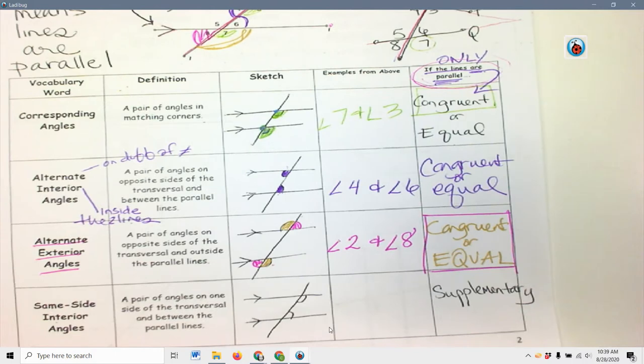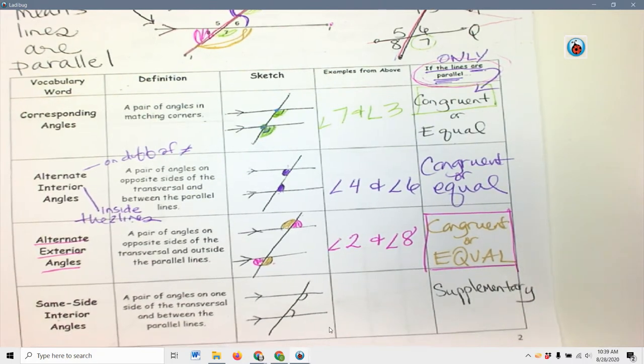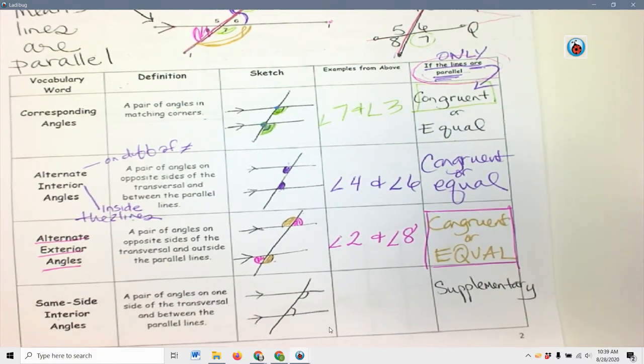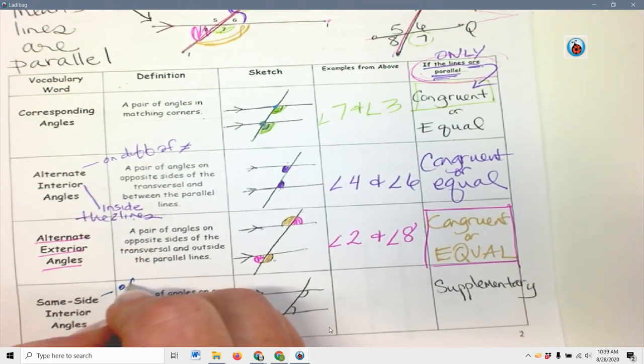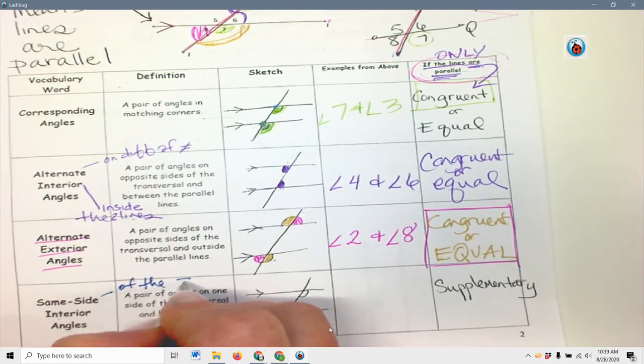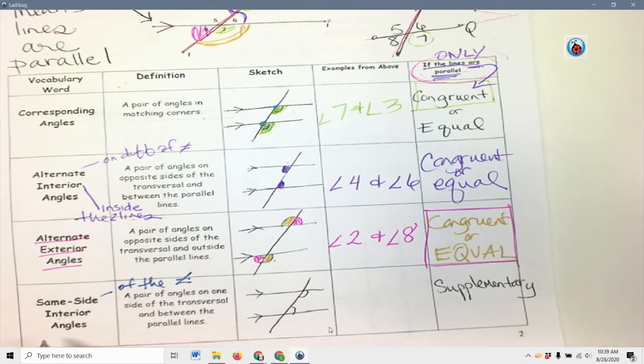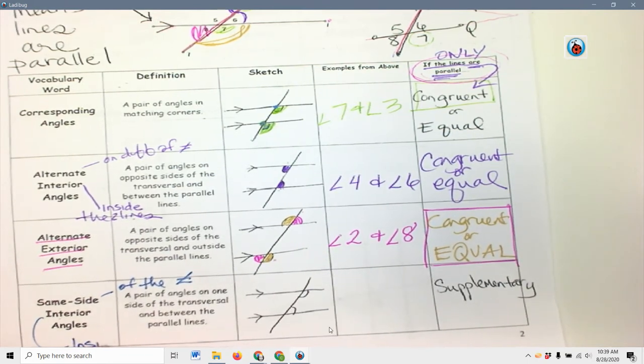The last one we'll do in this section is same side interior angles. Same side of the transversal. Interior meaning inside the two lines it crosses.